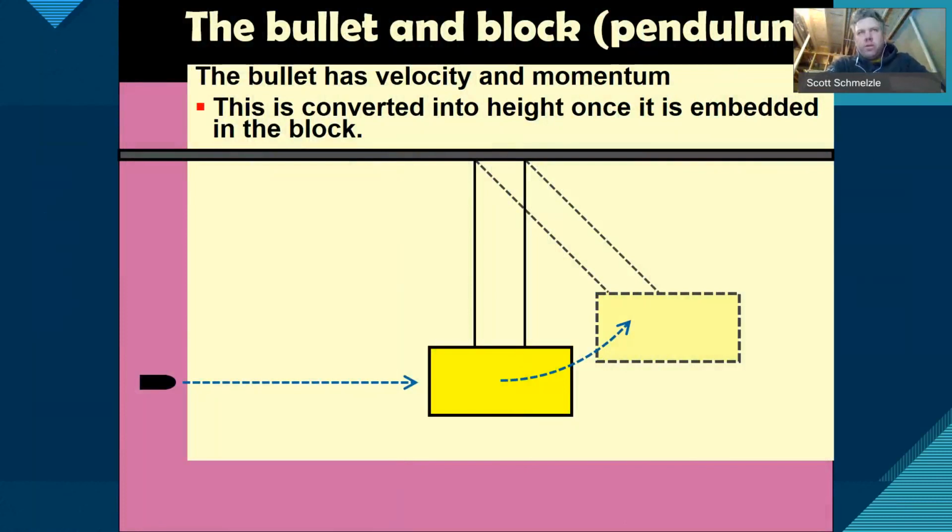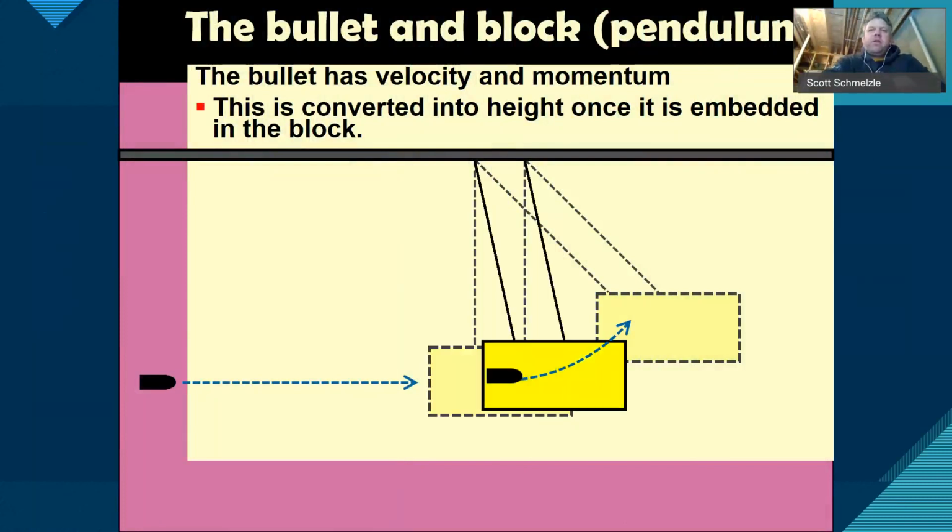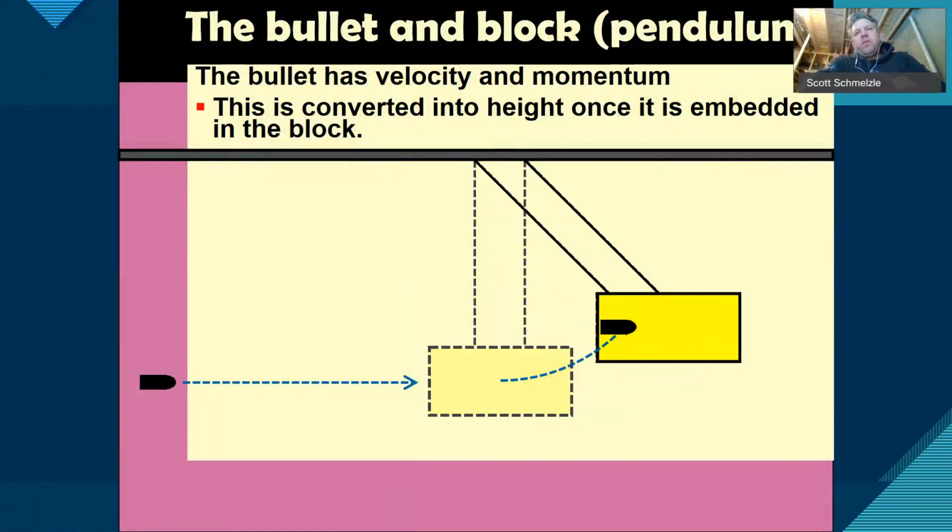This is converted into height once it's embedded into the object, so we see that thing lift up. The kinetic energy that this bullet has as it hits the object immediately starts to turn into gravitational potential energy, because this thing will rise up, hit its apex, and then slide back down and bounce back and forth.